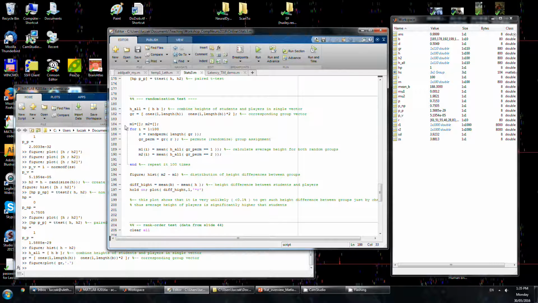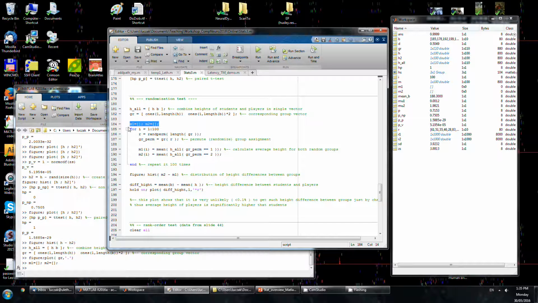But what I will be doing now in this loop is randomly reassigning those groups. In these variables M1 and M2, I will keep the average for each of those random groupings.